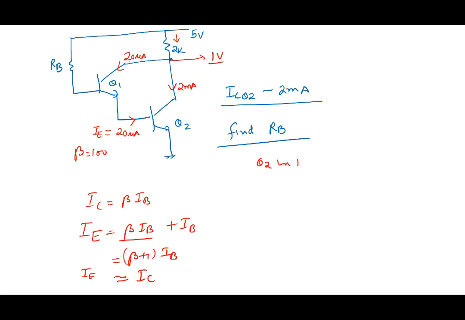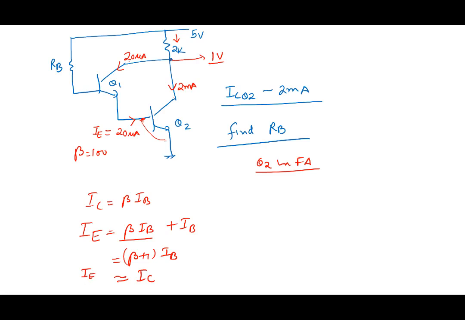Okay, if this is 1 volt, how much is the voltage from here to here? 0.7, right? So how much is the voltage from here to here? VCE1, can you all calculate? 1 volt minus 0.7, 0.3. So this is also away from saturation. But it's getting close to saturation, right?